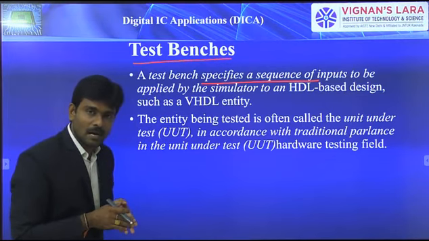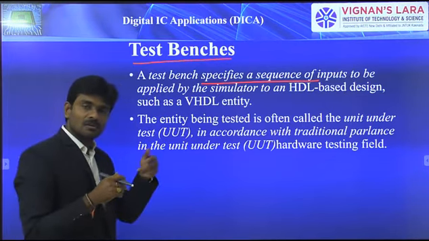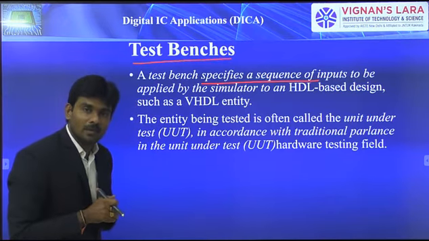For a 2 input AND gate, 0 0, 0 1, 1 0, 1 1 are the 4 input combinations. We can apply them to verify the functionality of that particular 2 input AND gate. So that's what we are going to perform here. By means of using a test bench, we are going to specify a sequence of inputs.